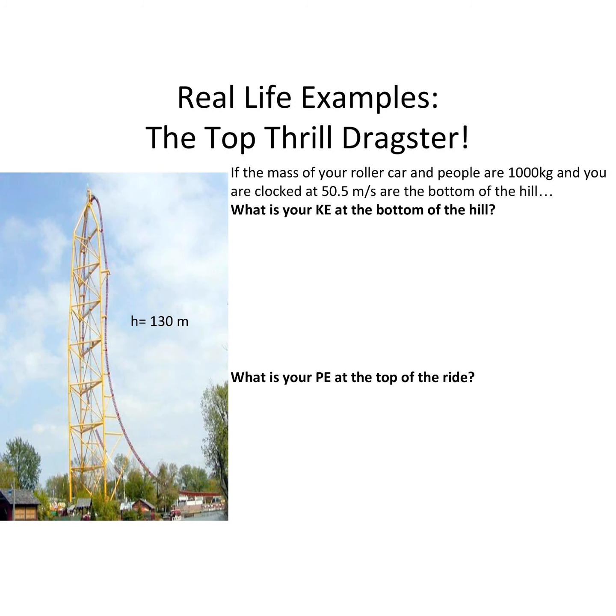So think about this. The mass of a roller coaster with everyone in it is 1,000. You are clocked at 50.5 meters per second at the bottom. What's your kinetic energy at the bottom of the hill? So let's do that calculation. At the bottom of the hill, we have kinetic energy. We calculate that using 1/2 mv squared.